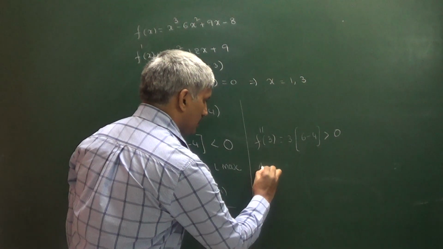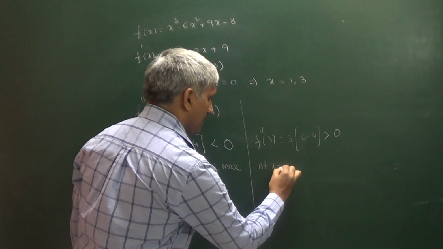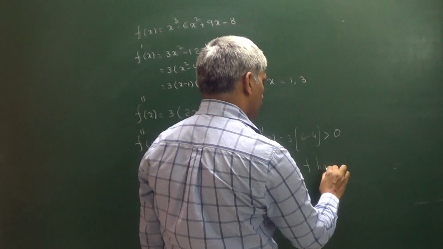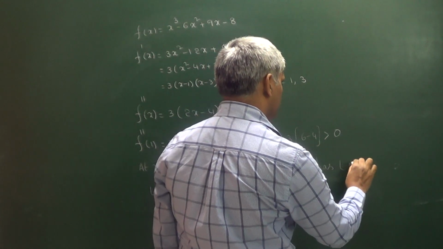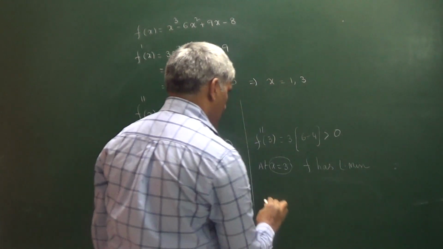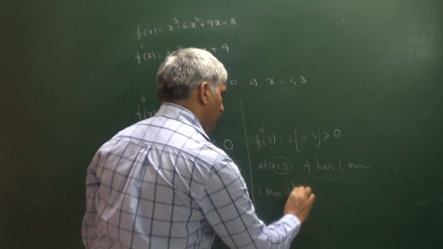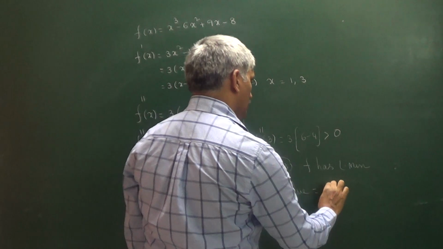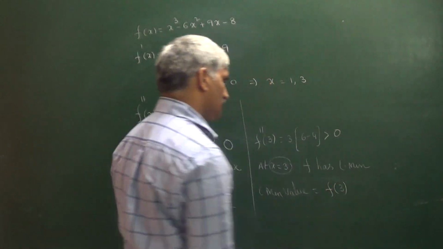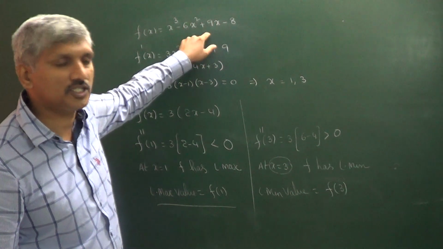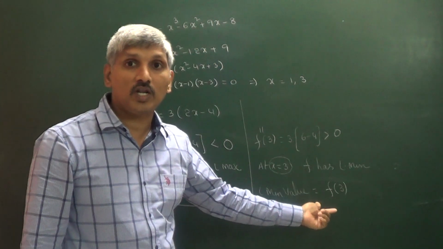Therefore, at x is equal to 3, f has local minima. Therefore, that local minimum value is equal to f of 3. That means this x is equal to 3, we have to substitute in the given function so that you will get the local minimum value.